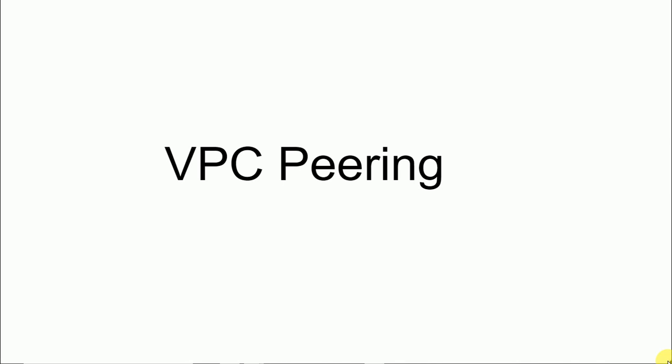How can we peer two VPCs, or how can we create private communication between two VPCs? VPC peering is one of the key functions of VPC, provided by Amazon to achieve this task. So let's begin.